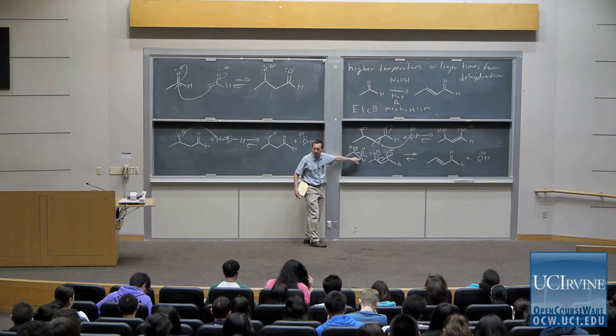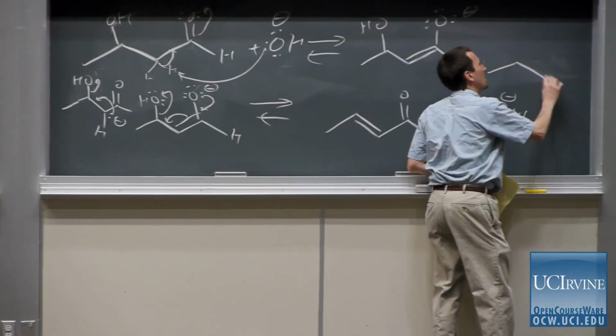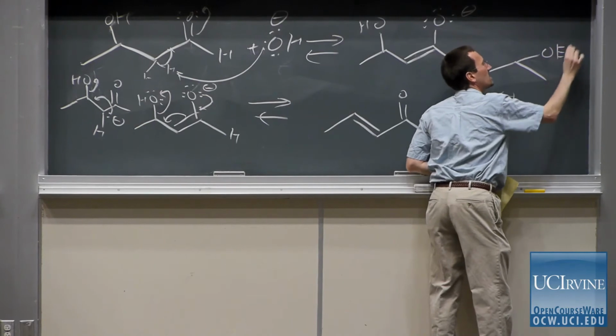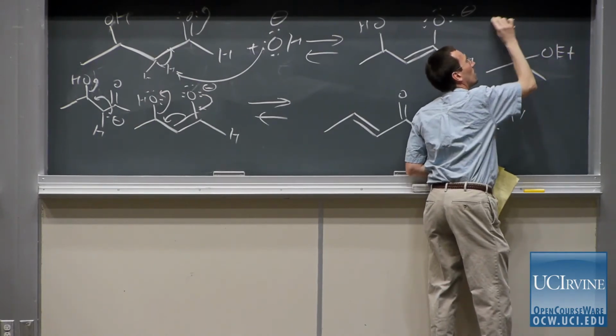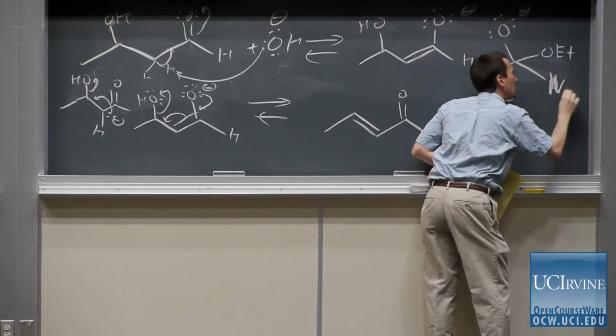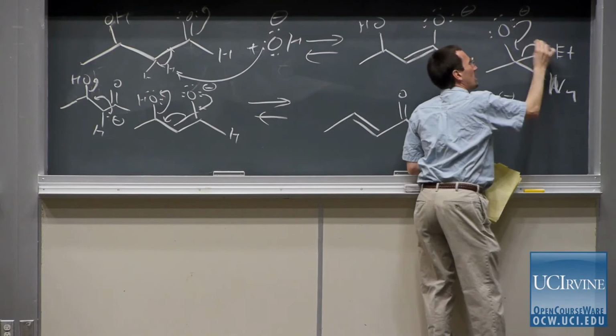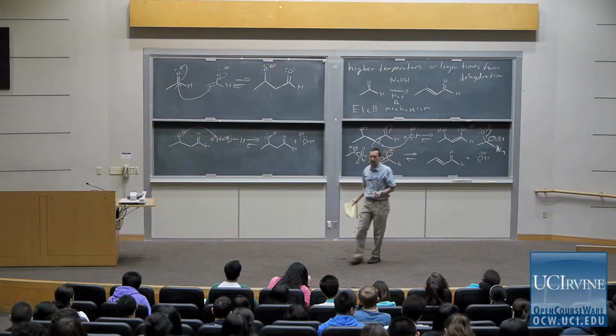It has 8 electrons. You push, everyone still has 8 electrons. Same idea as the breakdown of a tetrahedral intermediate on, say, an ethyl ester. I'll write Nu here, and we can push out ethoxide happily. Really, really important principle, and I'm glad you asked.